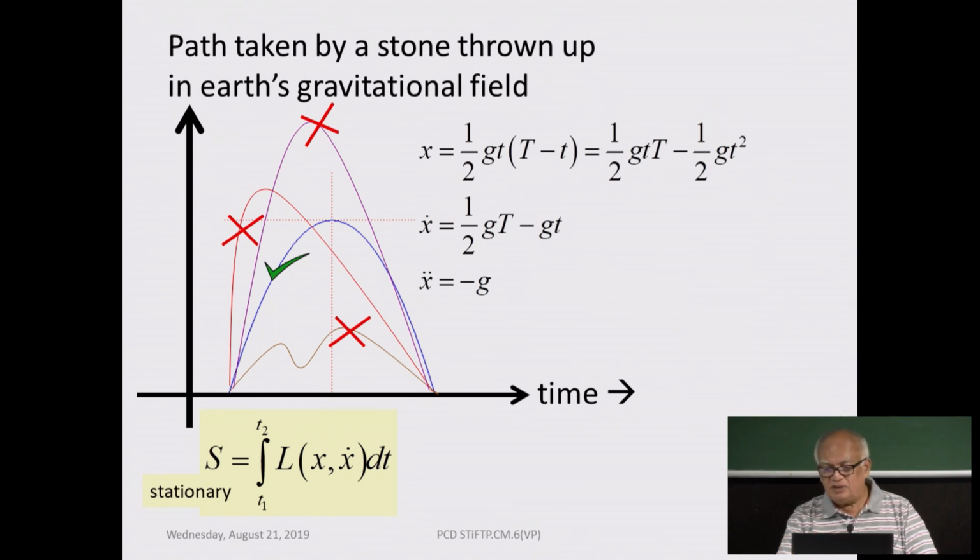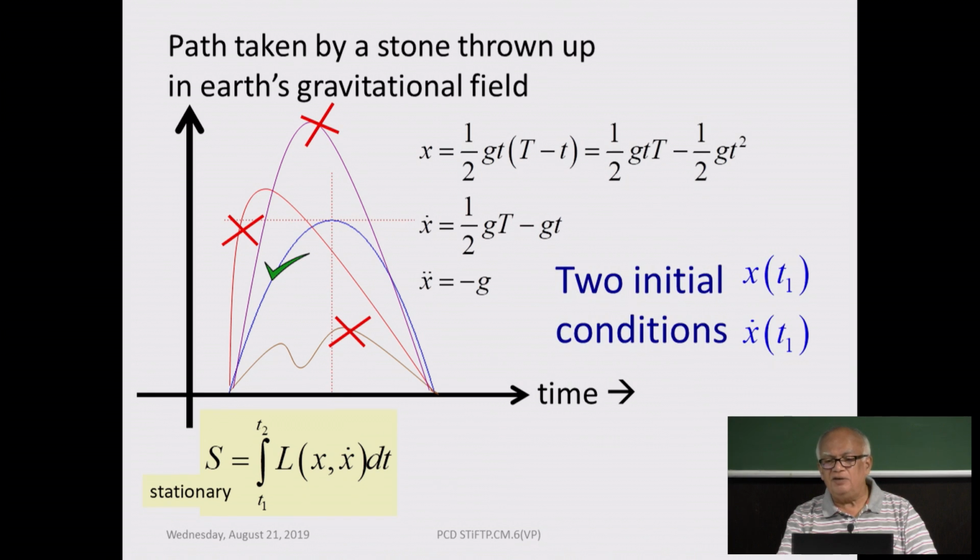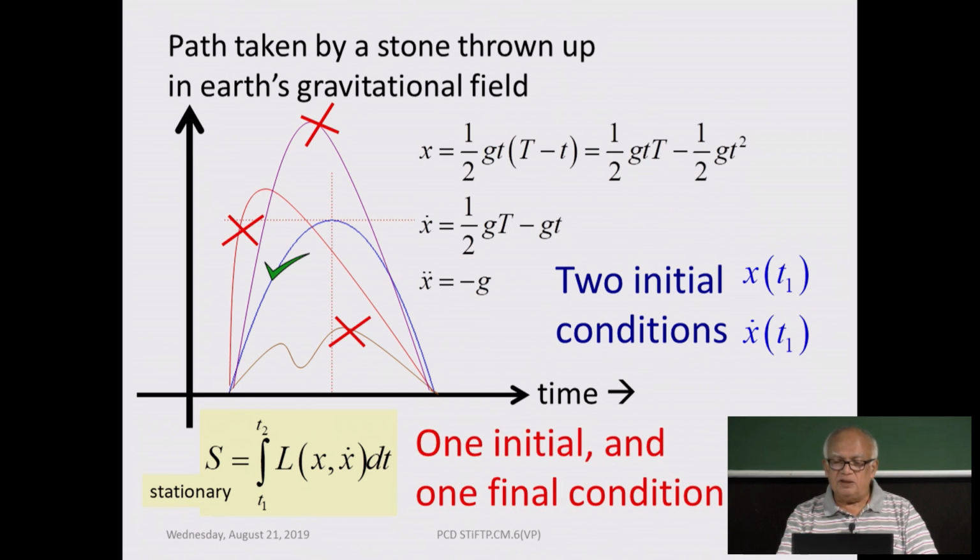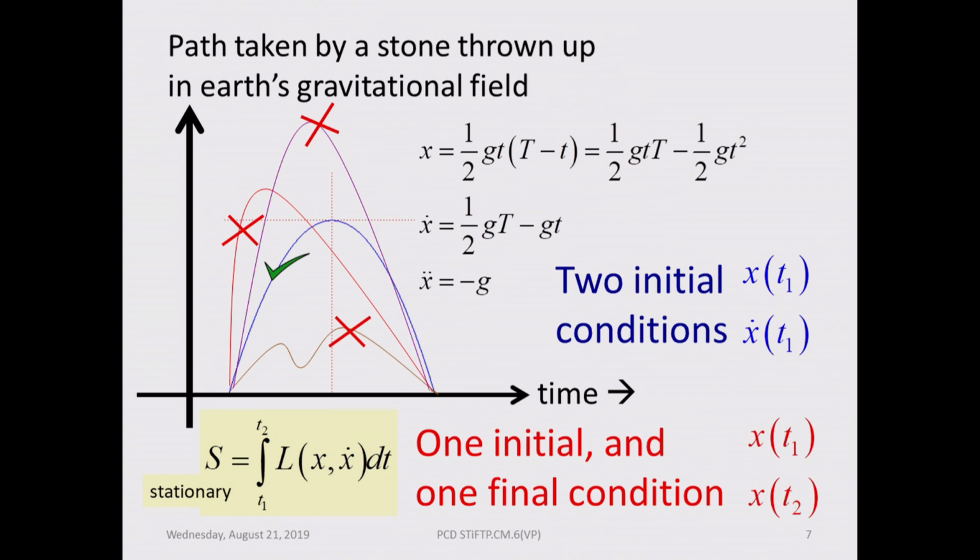That is the path which the system will take. So this is answering the same question in mechanics, but using a completely different principle, that you have got one initial condition and one final condition, and at these extreme points T1 and T2, or in our arbitrary variable xi1 and xi2 space, there is no variation.